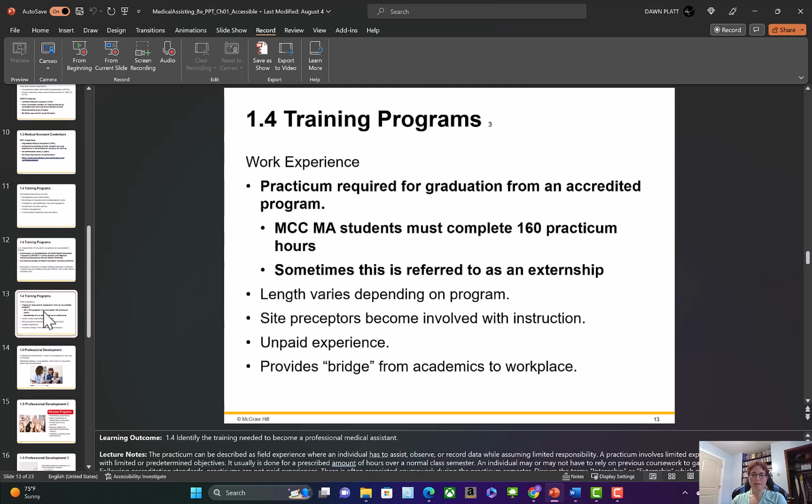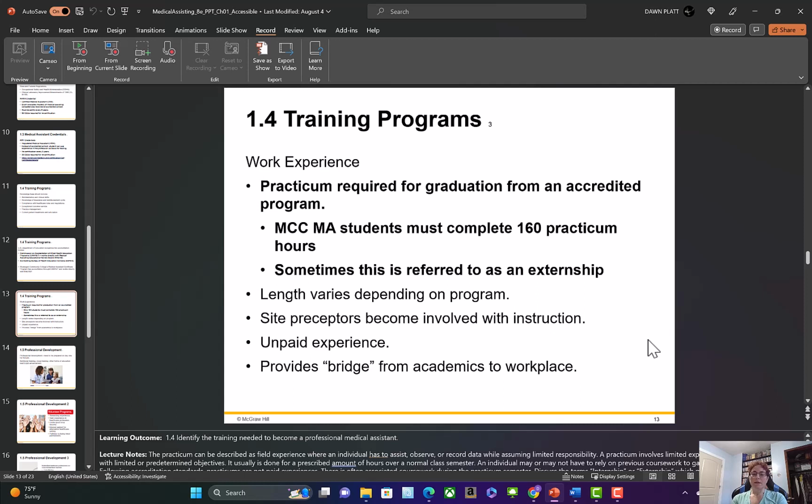All right. So then we have the work experience or the practicum. In any accredited school, students that are graduating from the actual medical assistant program must participate in a practicum where they must complete 160 hours out in the real world.